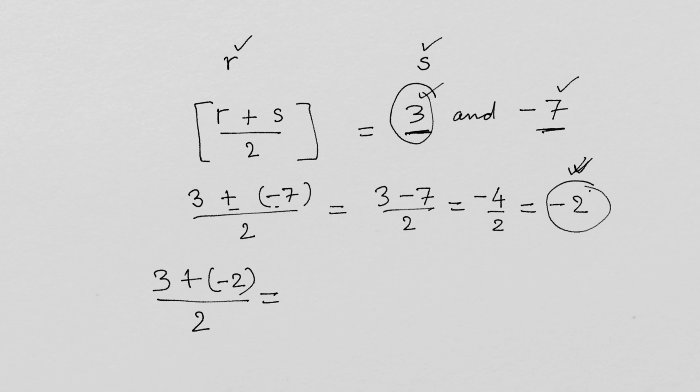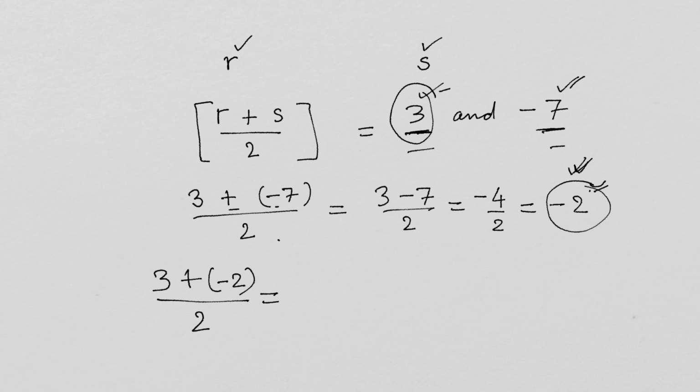We get a new rational number which lies in between the given numbers. So what we have done? First, we have added the given two numbers and divided by 2. We found one rational number which lies in between the given numbers.